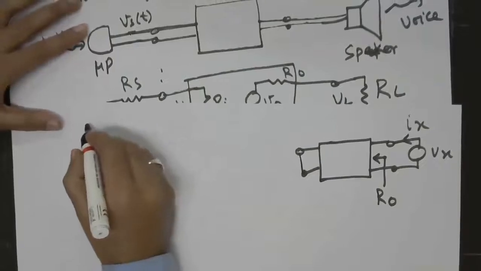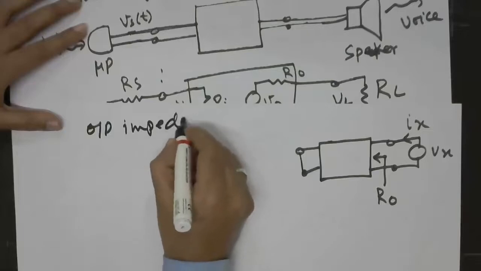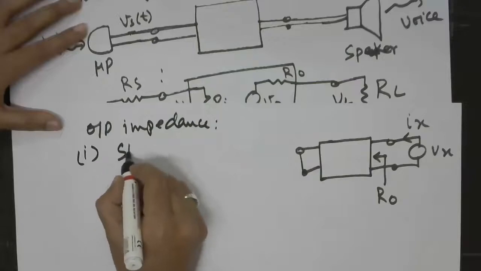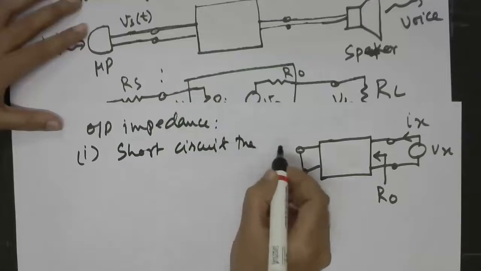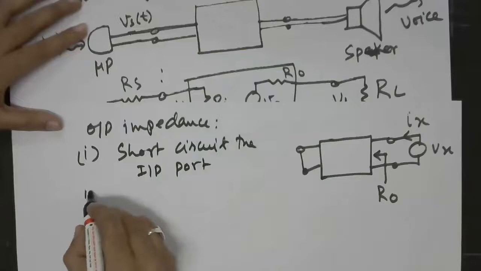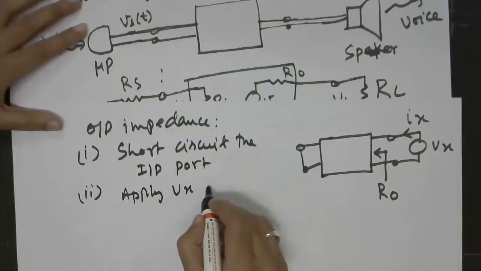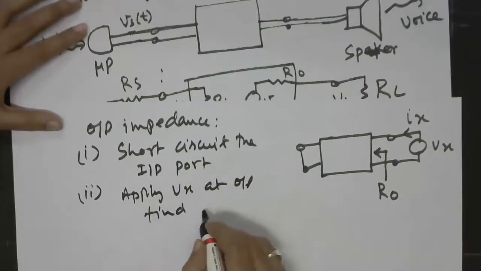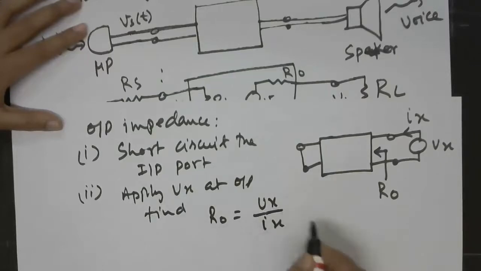So for output impedance or resistance, the first thing you will have to do is short circuit the input port and then apply Vx at the output and find RO as Vx by Ix.